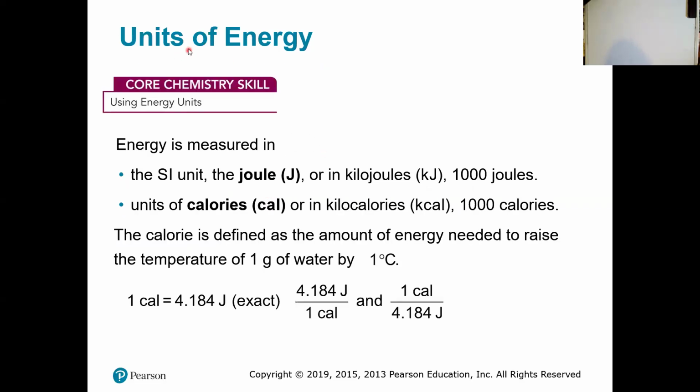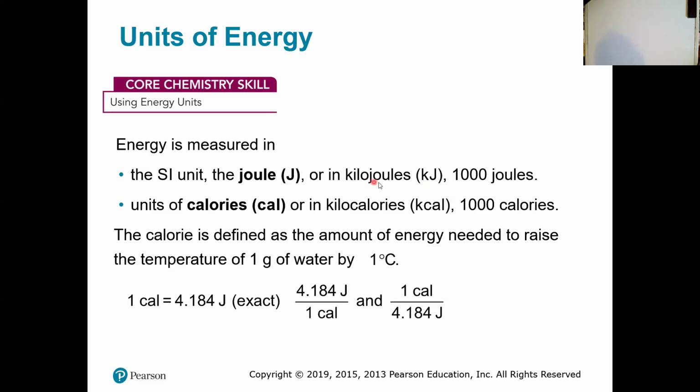All right. Our energy is going to be measured in terms of joules or kilojoules and calories or kilocalories. The SI unit for energy is the joule, right? So I think we saw that already. That's a capital J. And kilojoules has your kilo prefix in it, right?